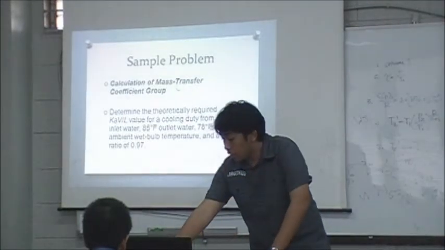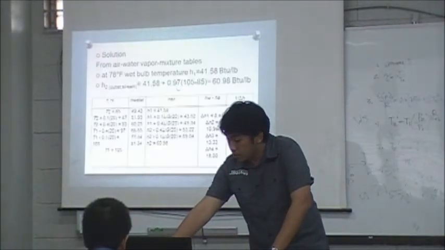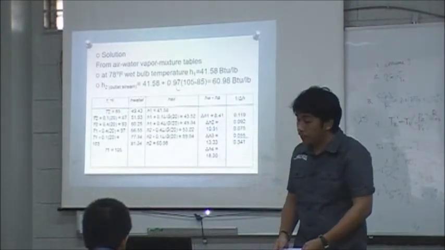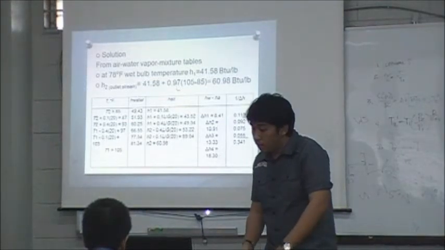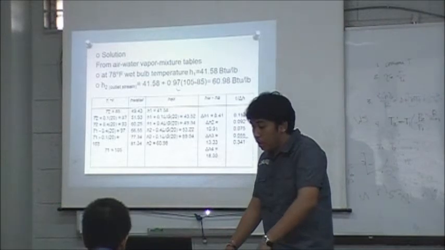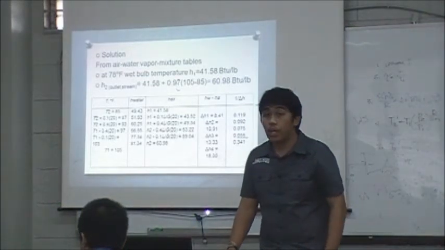What we use here is the Chebyshev method. We can have the H1 from the air-water vapor mixture. It is equal to 41.58 BTU per pound.